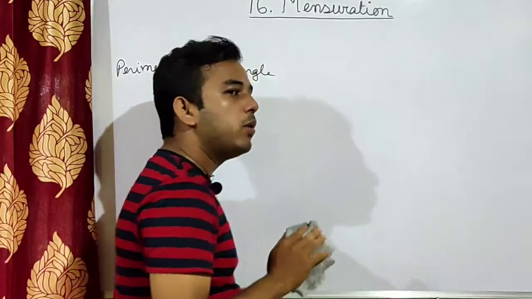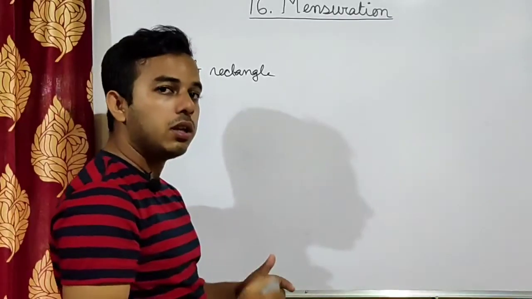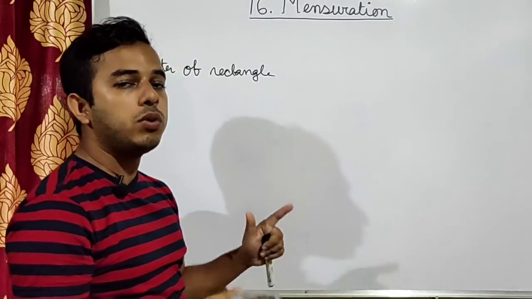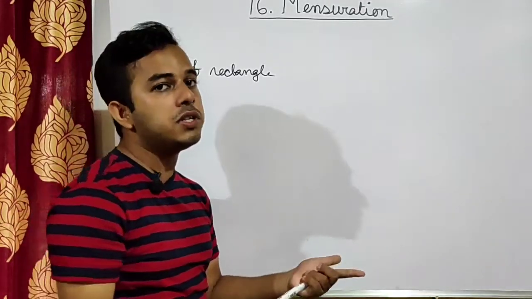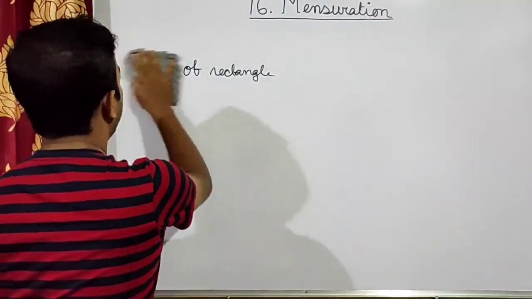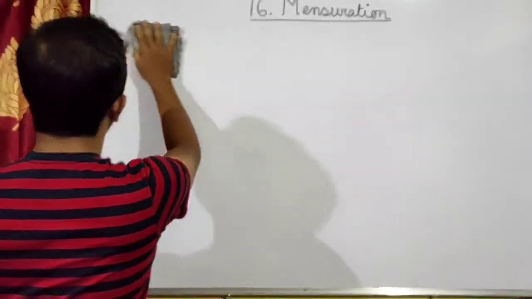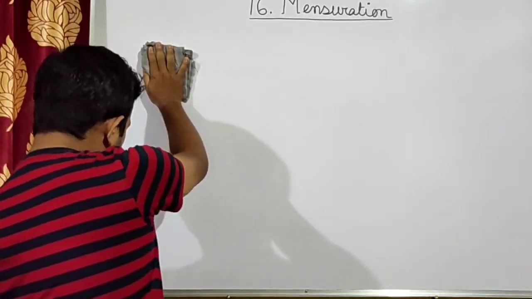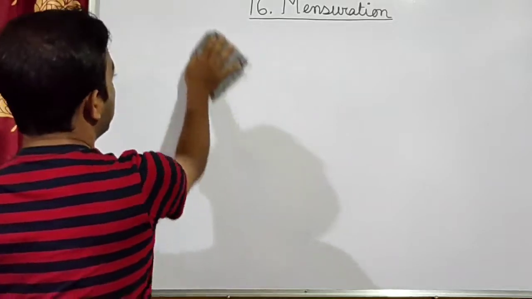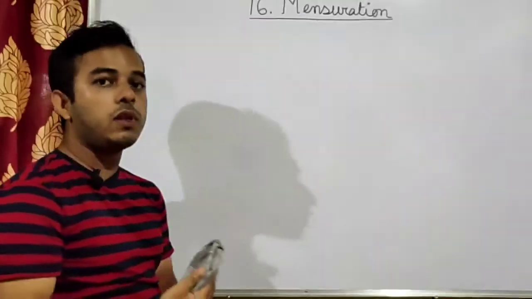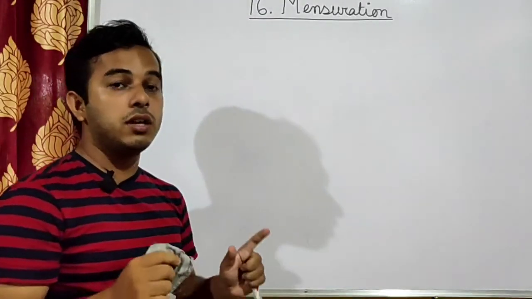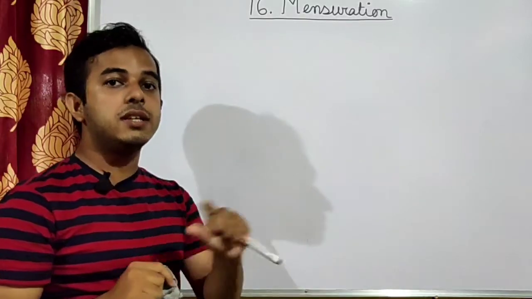Have you understood what perimeter is? It is the length of the boundary. You can easily find the perimeter of any shape. For example, a hexagon is a closed figure having 6 sides, right? A regular hexagon means all sides are the same.